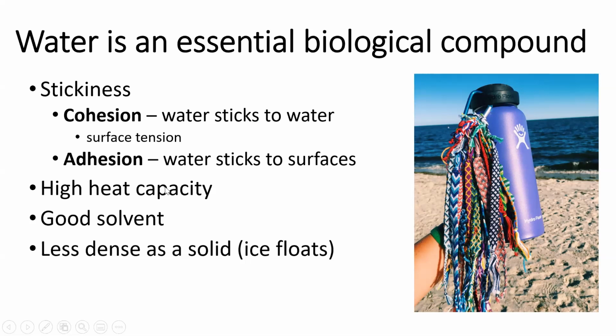Water has a high heat capacity because water has a very high specific heat. It is very difficult to change the temperature of water. And what I mean by difficult is it requires a lot of energy to be able to change the temperature of water, even by 1 degree.